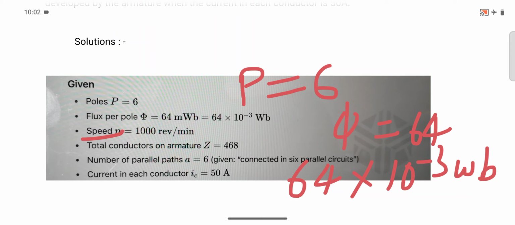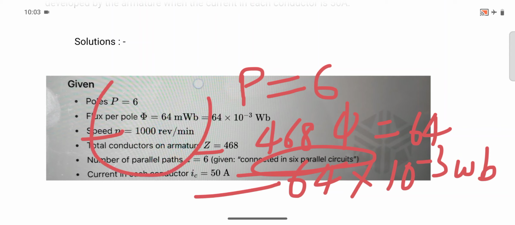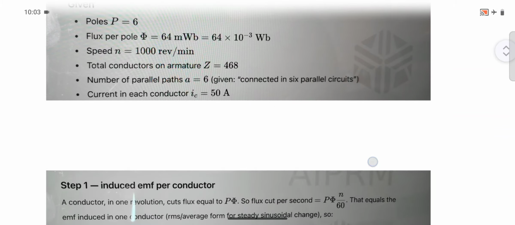Total conductor on armature represented by Z, which is equal to 468, and number of parallel paths represented by A is equal to 6, connected in 6 parallel circuits. Current in each conductor represented by IC is equal to 50 ampere. These are all the data given in the question.